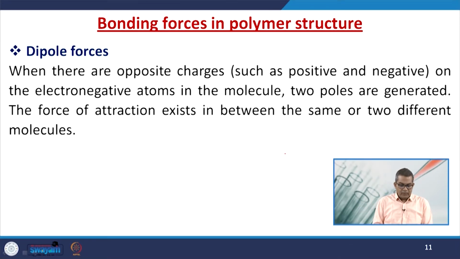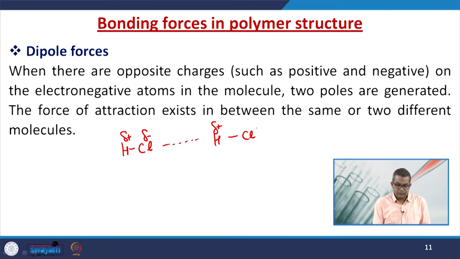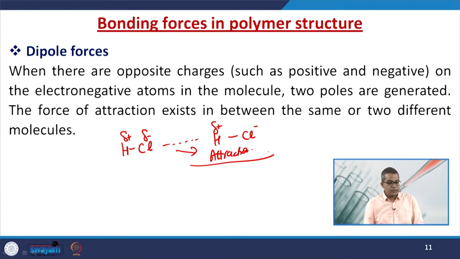Let us have a look at this attraction. Here we are discussing this one. This is represented as, now you can see there is an attraction between the two molecules.